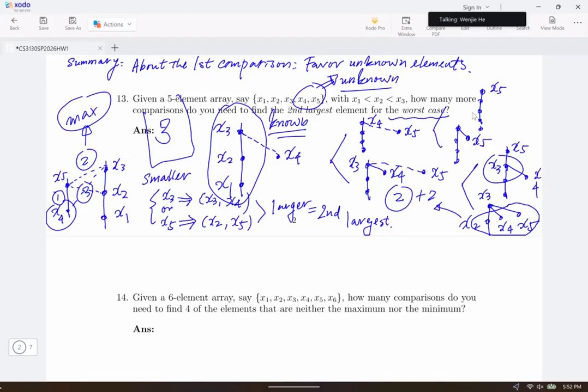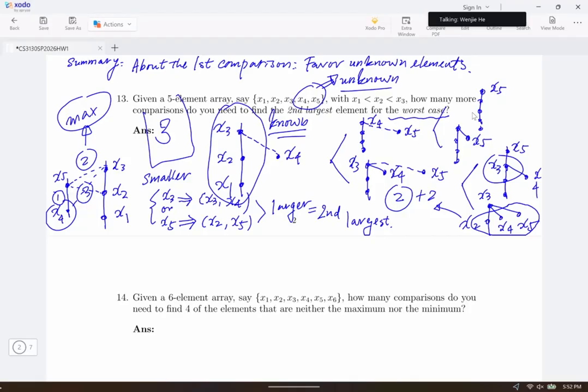If in your first comparison there is a known element involved, because it is a known element, that element is restricted, right? So the information you get is impacted by that restricted element. The flexibility is restricted by that one.